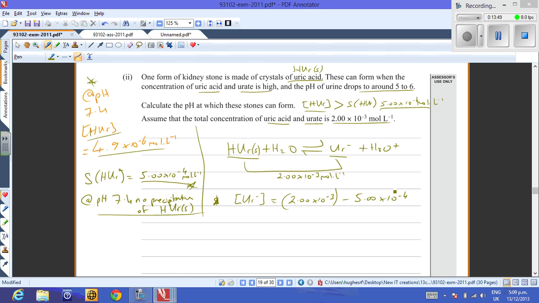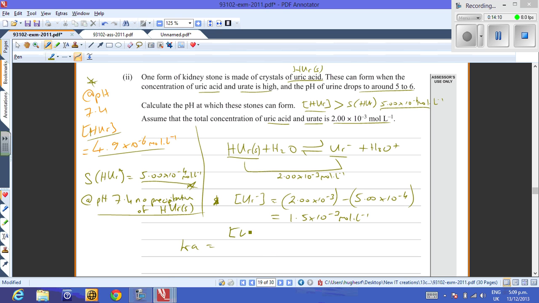If we get a concentration above that, then we'll get precipitation. And that gives you an answer of 1.5 by 10 to the minus 3 moles per liter for your concentration of urate. We can write our Ka expression then to work out the pH that we need to get this value greater than 5 by 10 to the minus 4.